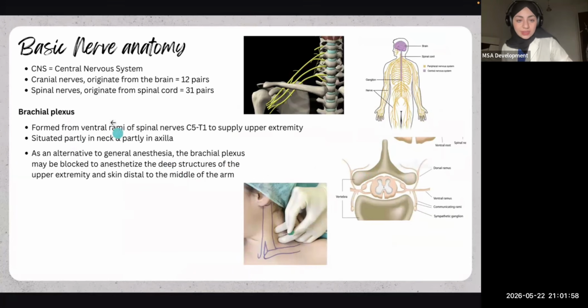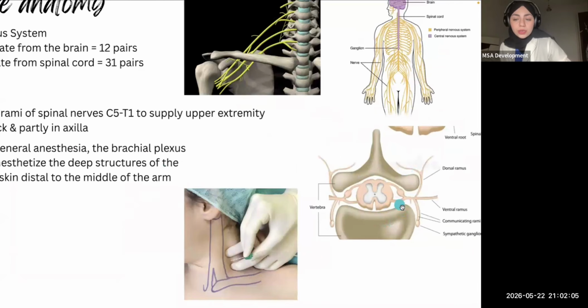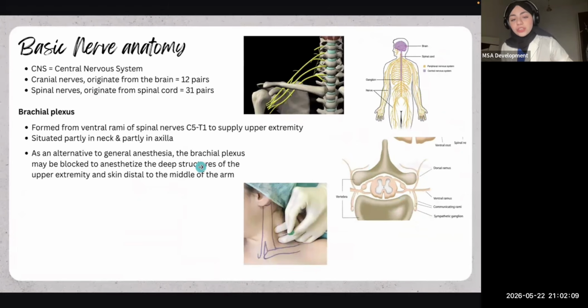Now, we said that it's coming from the ventral rami of the spinal nerves, C5 to T1. By the way, the roots that I was describing here aren't the same as the roots in the brachial plexus, just to tell you. And they're situated partly in the neck and the axilla. Now, recall how I told you the way it passes by. This is going to be my axillary sheath, the sheath that contains the vein, the artery, and whatnot.